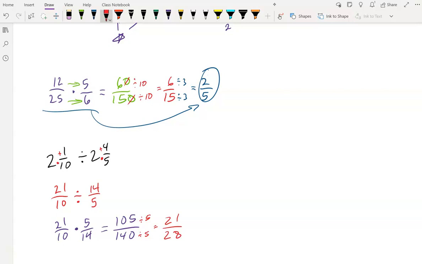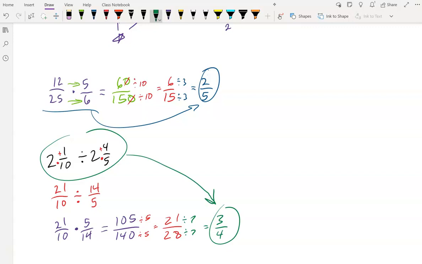And now, because I know my math facts, I recognize that these both have another common factor of 7. 7 goes into 21 and 28. 21 divided by 7 is 3, and 28 divided by 7 is 4. So 3/4 is what you get when you divide this 2 1/10 by 2 4/5.